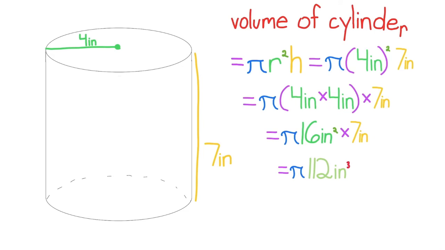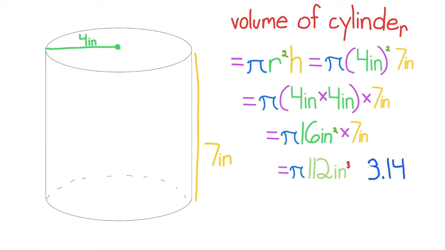Okay, so when you multiply a number by pi and write it like this, it is called writing it in terms of pi, okay? So now that we know this is in terms of pi, to write it not in terms of pi, like actually multiplying pi times 112 instead of writing it like this, we use what pi equals, which is 3.14.